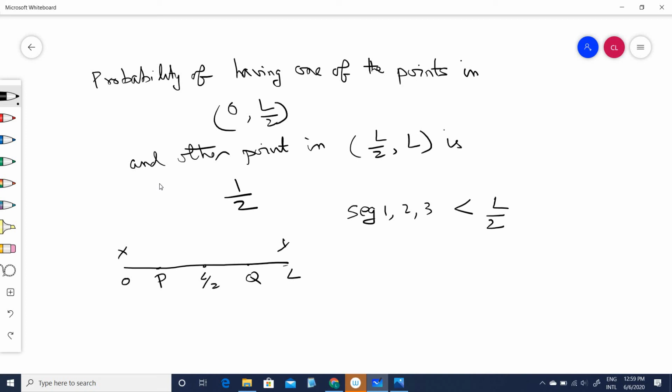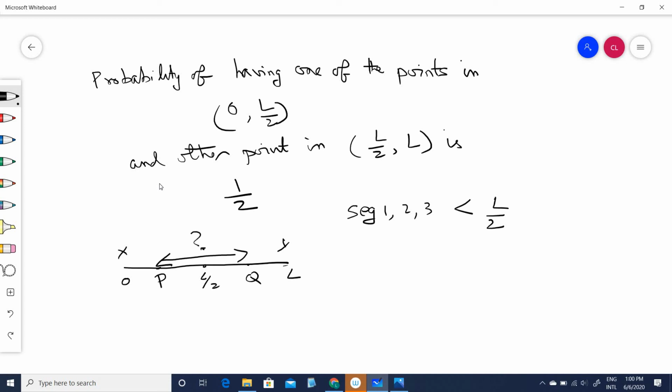Okay, so now we are guaranteed that OP is less than L by 2 because P lies in the first half. We are guaranteed that QL is again less than L by 2 because Q lies in the right half. But we still do not know about PQ.